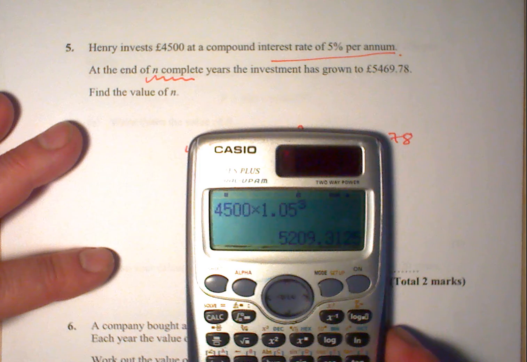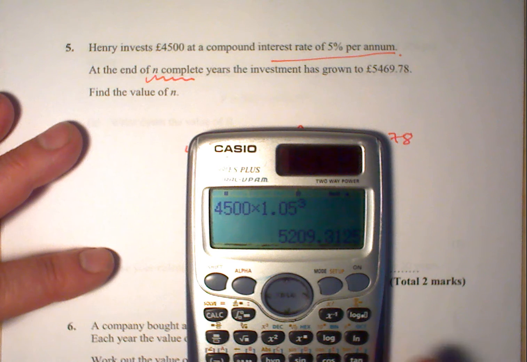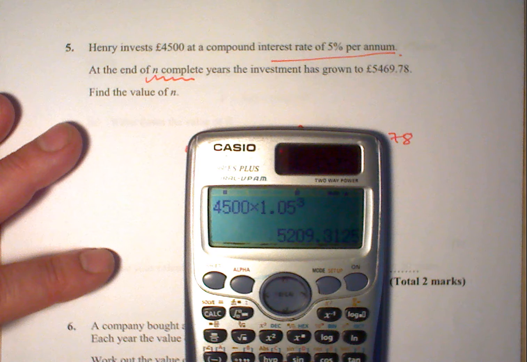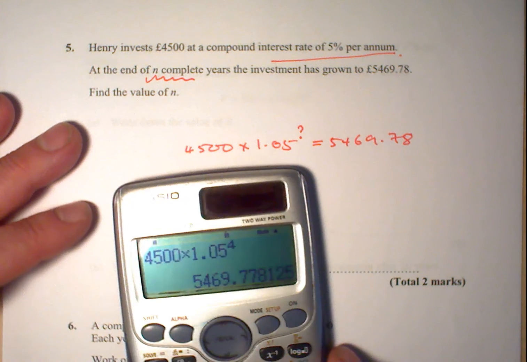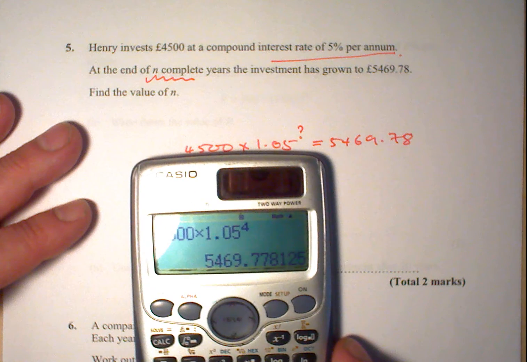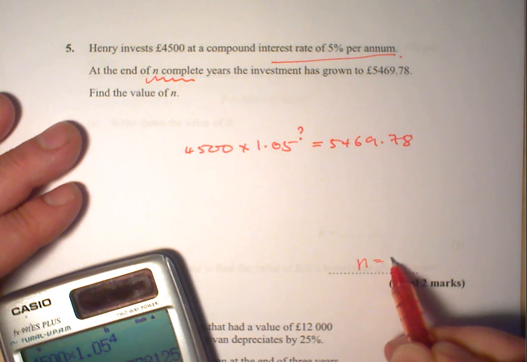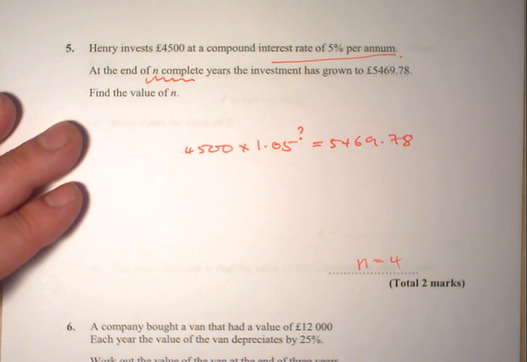Okay, that's too little, so it's between 3 and 10. So it would be silly to try 2, and it would be silly to try 11. So somewhere in between. That one was quite close, so I'm going to go for 4. Okay, so it's 4, isn't it? You can see that the two numbers match up, right? So n equals 4. This is a bit of trial and improvement.